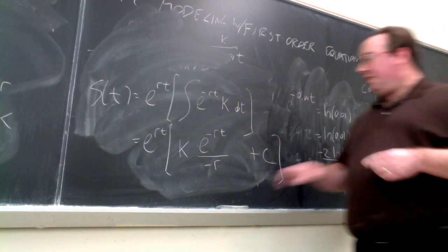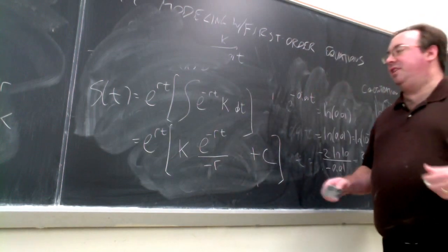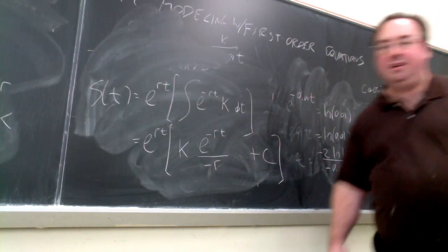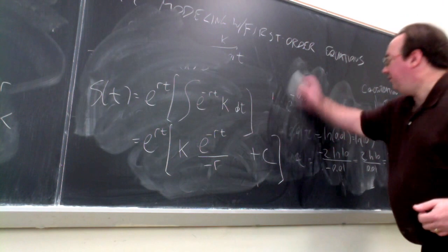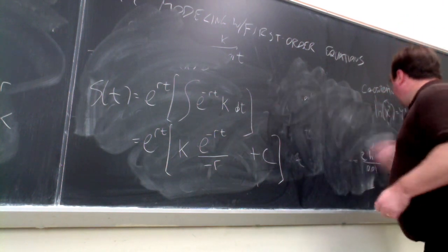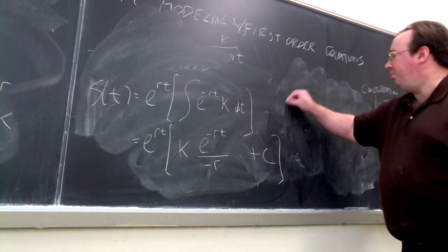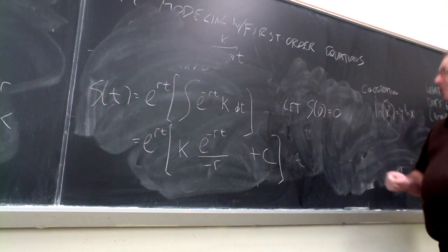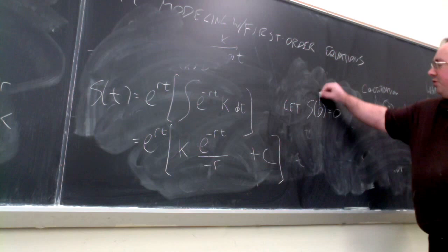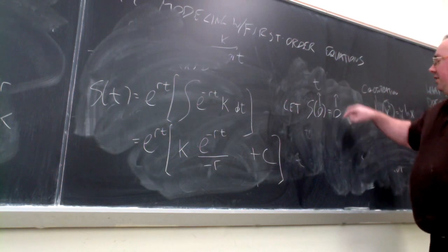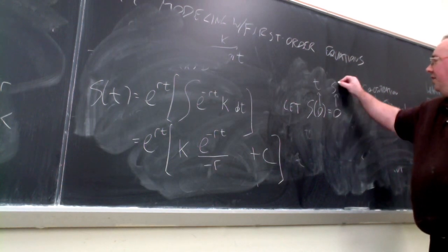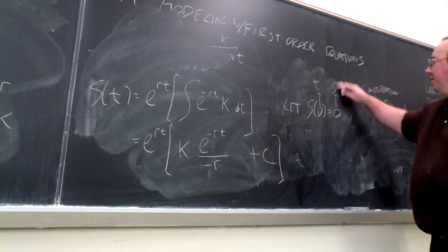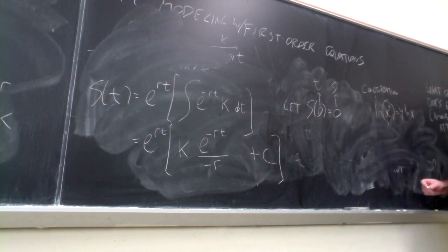Then what you would need to do is give it an initial condition, and you can go ahead and solve for c. In this example, let's suppose that we start out with nothing. S of 0 equals 0. So the initial time, you plug that in for t, and your initial value, you plug that in for s.